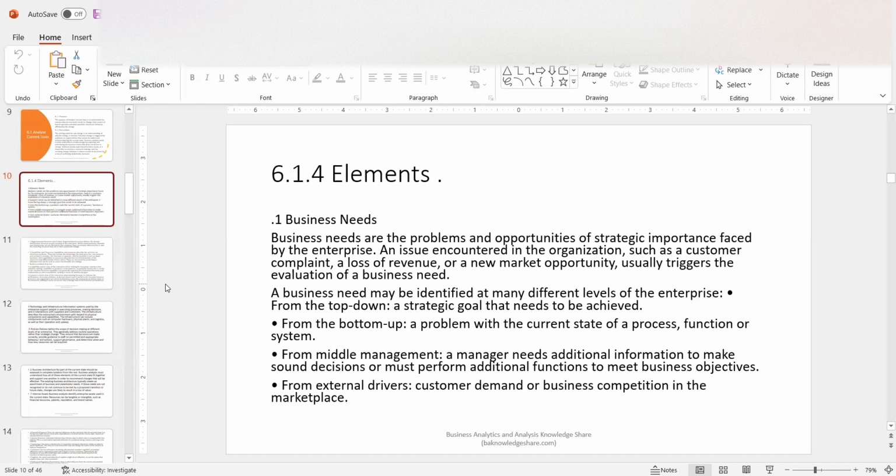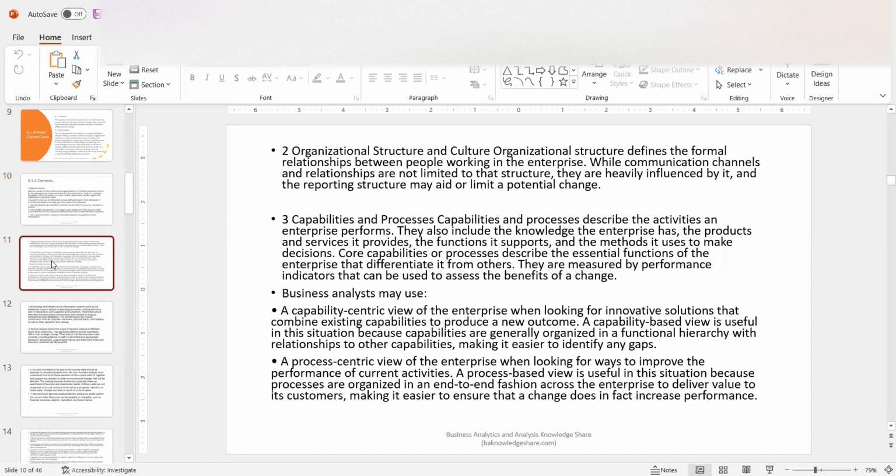In this case, it could be one of your competitors is rolling out a new marketing campaign, and so you're left behind in that you are not able to do what they're doing and increase sales. As a result, you decide, okay, we need to strategically implement this new marketing strategy. Those are the sorts of examples that you want to consider.